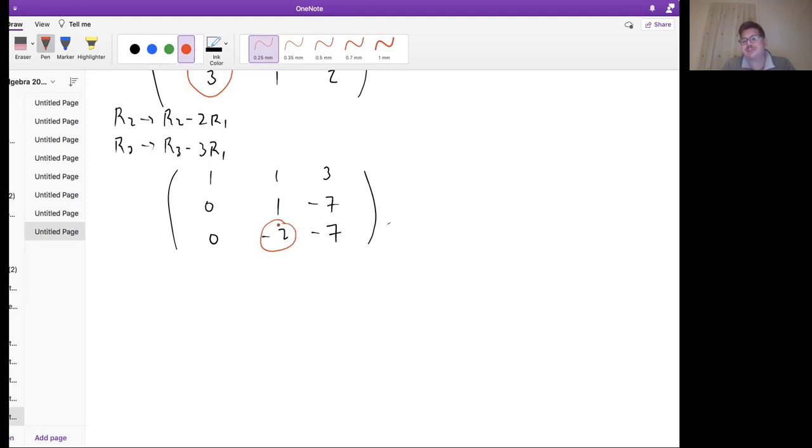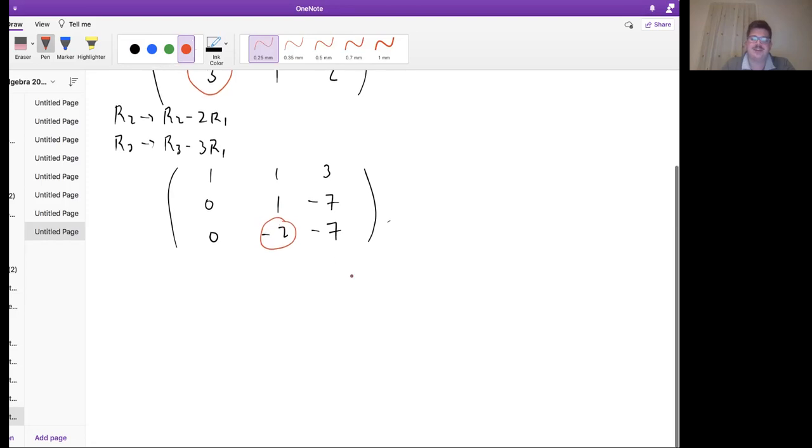I'm just thinking in terms of our row reduction. So let's do this one just because we want to do type 3s, and we'll just see what happens. So how do you get rid of the -2 there? Yeah, row 3 plus 2 row 2.